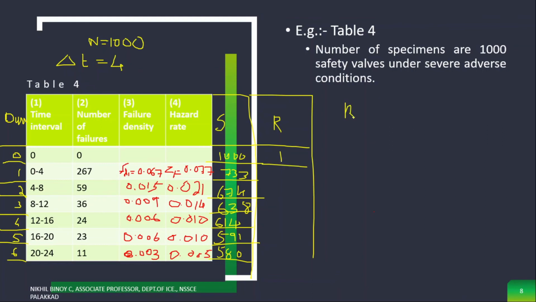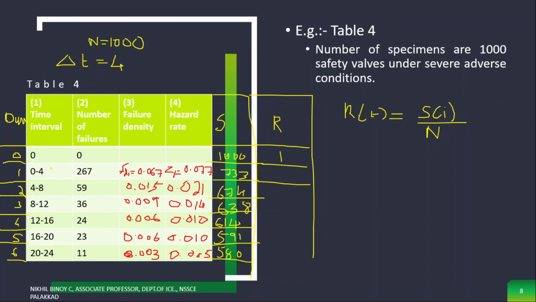Reliability R of t is equal to S of I, number of survival after the ith duration divided by capital N, initial population. So after the ith duration, number of survival is 1000 divided by initial population is 1000. So we have 1000 by 1000. Now that is not important. Now take the next one.